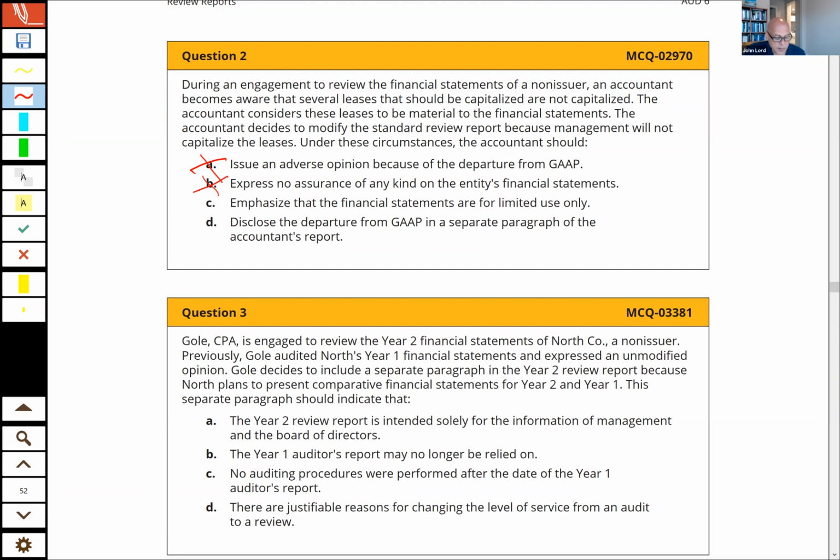Okay. C, emphasize that the financial statements are for limited use only. I don't even know what that means. That is such nonsense that it's ridiculous. I can't even explain that answer to you. D, disclose the departure from GAAP in a separate paragraph. Yeah, and we call that separate paragraph what?